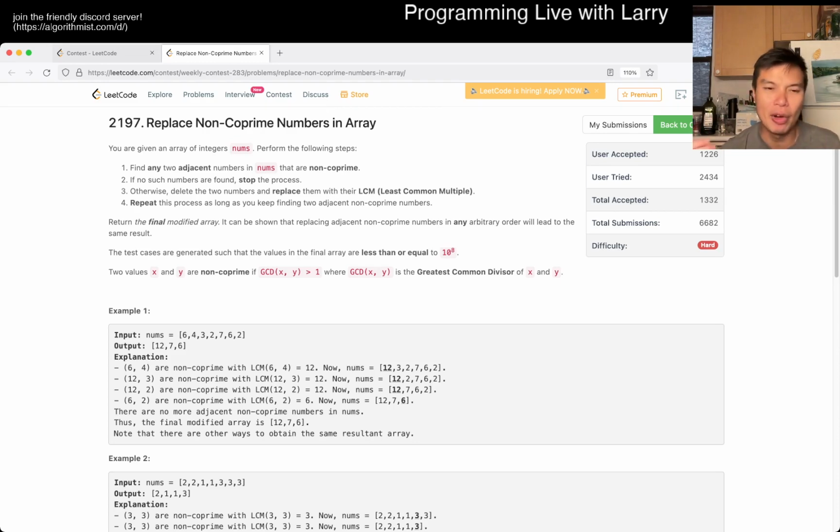In this case, you have a merge, but in other problems, it may be delete or replace with some other random function. And in this case, it's a merge, and the function is GCD, right? Or sorry, LCM is the combination.